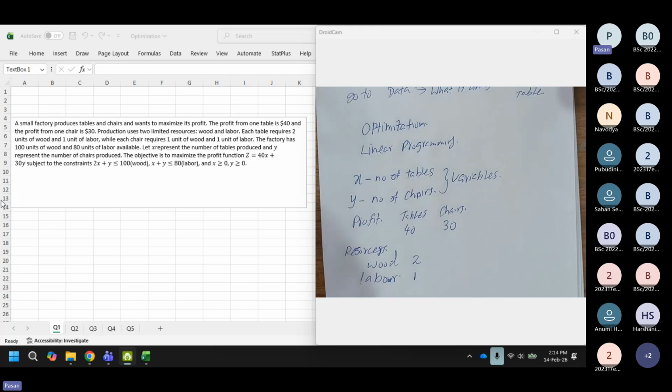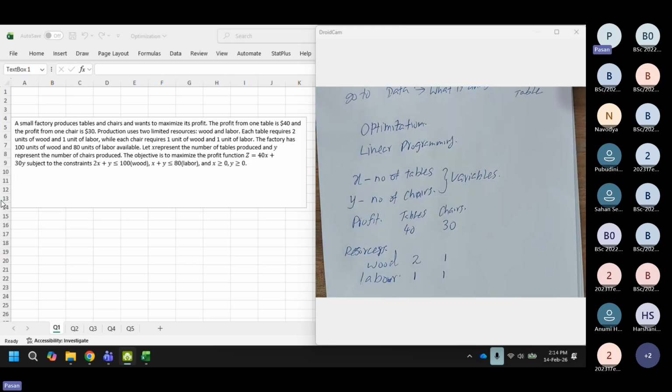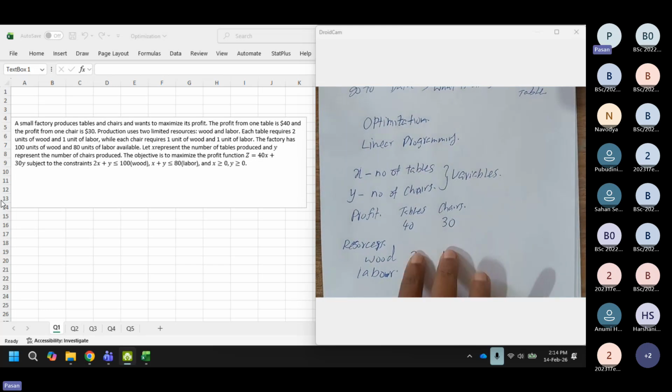And then each chair requires 1 unit of wood and 1 unit of labor, right? So that's the resource required for each table and chair to produce them.